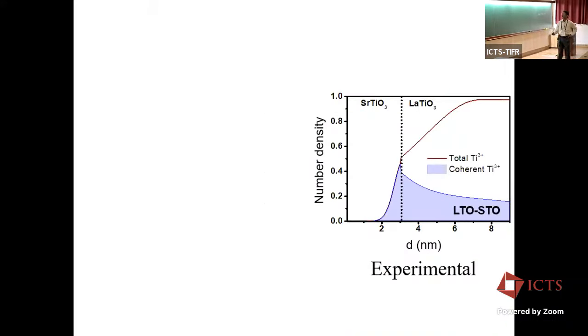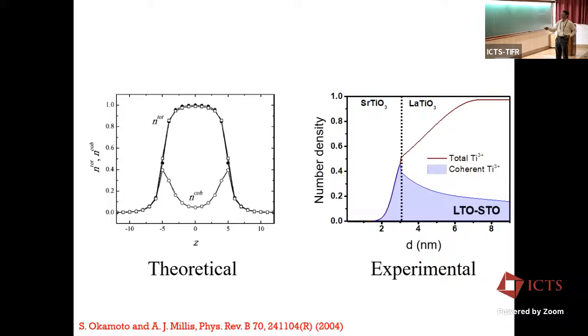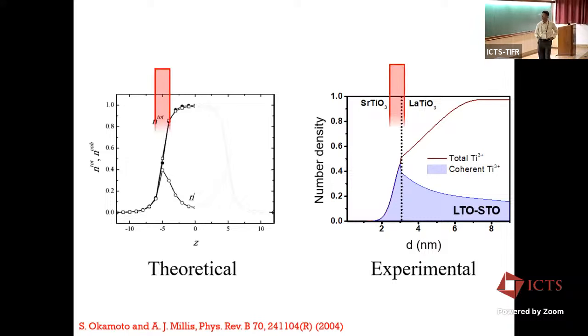Also, they had calculated how this number density should change. Of course, they did a symmetric model, but we are looking at only that part. You can see it goes up, comes down, that is all. But in experiment, it actually decays much deeper, much more slowly than those calculations could access. With that, let me end, thanking you for your patience.